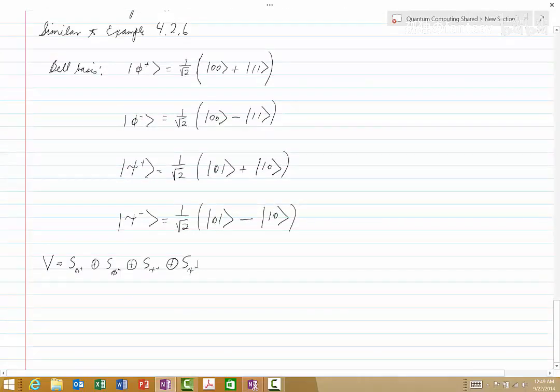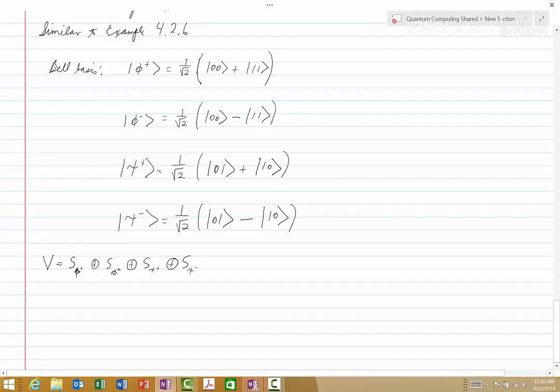Each one of those subspaces is a one-dimensional subspace, and as you might guess, the basis for S phi plus is phi plus, just that one ket. The basis for S phi minus is the one ket phi minus.